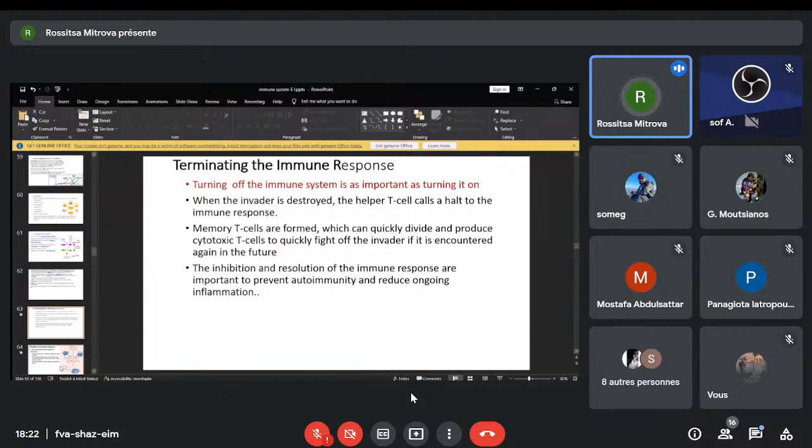Memory T cells are formed, which, you understand, can quickly divide and produce cytotoxic T cells to quickly fight off the invader if it is encountered again in the future. The inhibition and resolution of the immune responses are important to prevent autoimmunity and reduce ongoing inflammation.